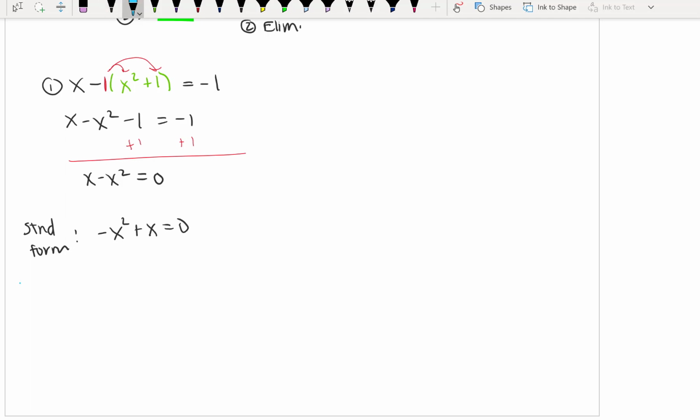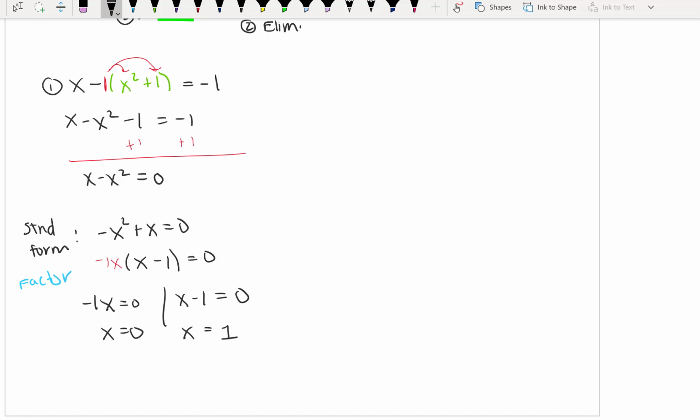Then I'm going to factor out a negative 1x, and I'm left with x minus 1 is equal to 0. So I have negative 1x equals 0 and x minus 1 equals 0, so x is equal to 0 and x is equal to positive 1.